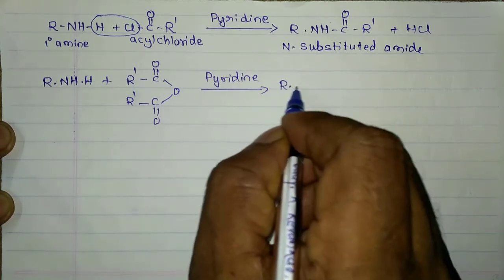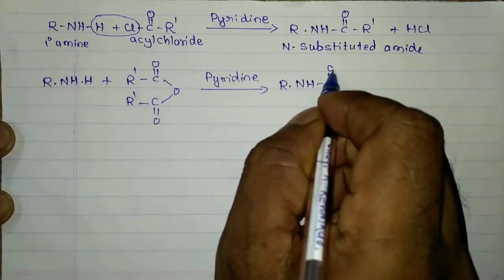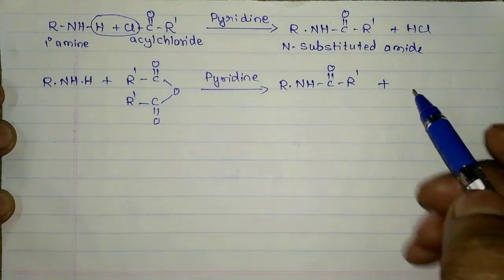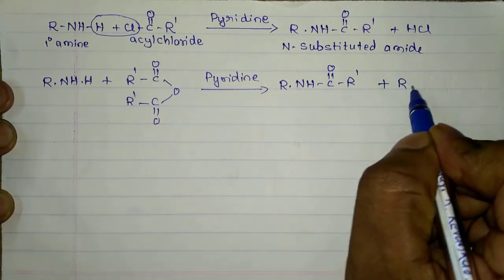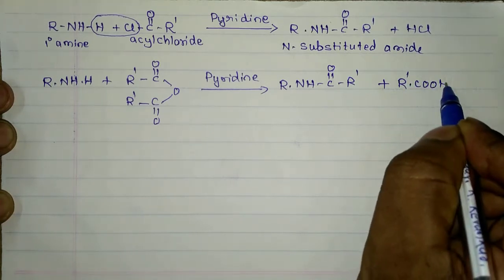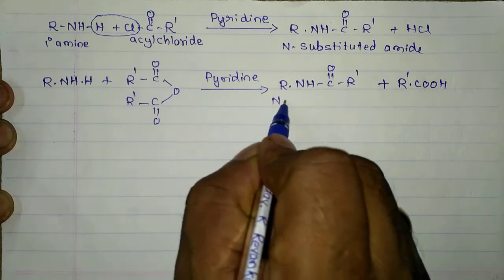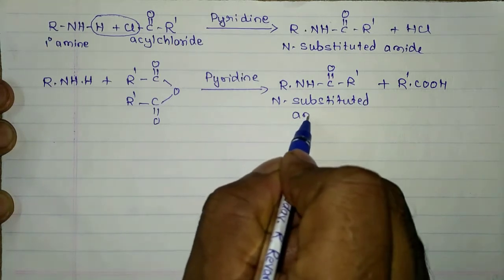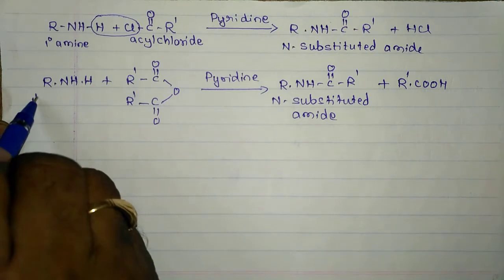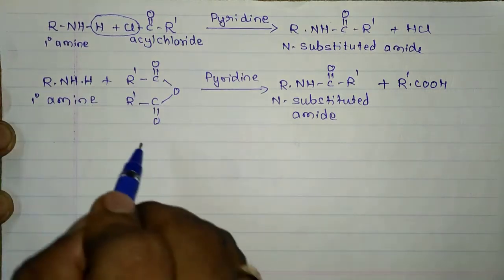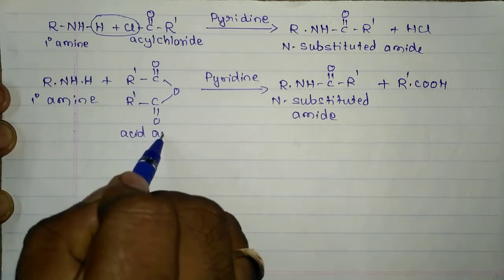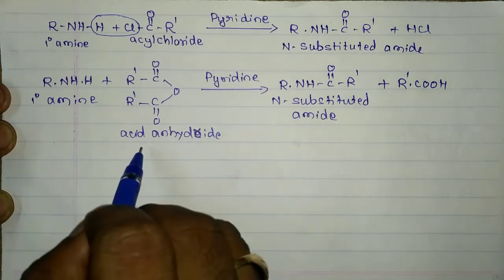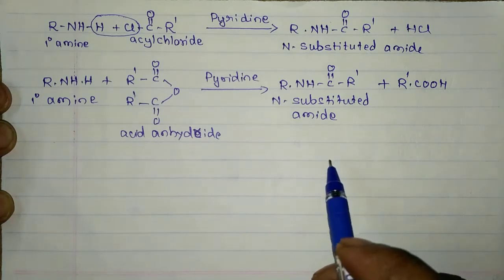You are going to get the same compound, RNHCOR', but in place of HCl we get R'COOH. This is an N-substituted amide.